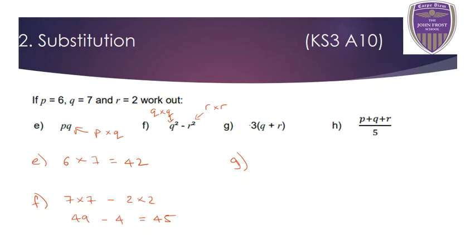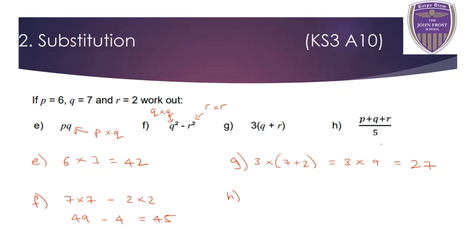So that means it's multiply, isn't it? Okay, so we're going to do 3 multiplied by Q plus R. Okay, well, Q plus R is 7 plus 2. So if you think of BIDMAS now, the bracket has to be done first, doesn't it? So the answer should just be 3 multiplied by 9, because 7 plus 2 is 9, isn't it? 3 times 9 is 27.